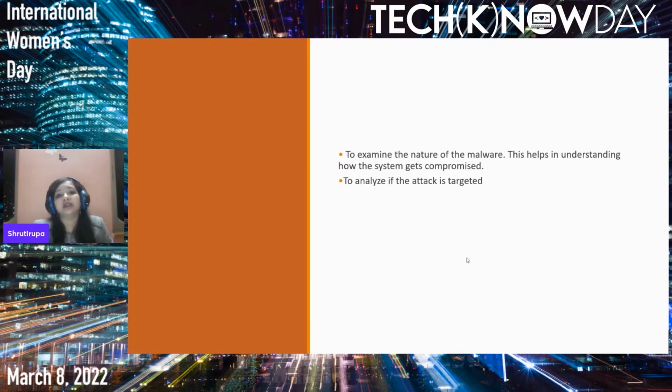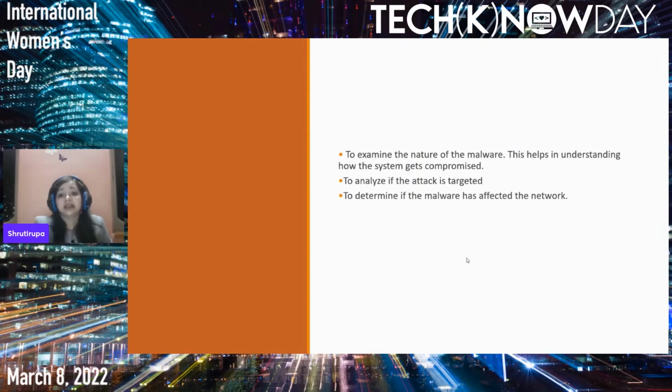For what reasons? They would either be stealing the data, or they just want to sell the data into the dark web. So they have different motives behind performing these kinds of attacks, and these attacks are very smooth. They have a lot of planning and plotting for performing these kinds of attacks.